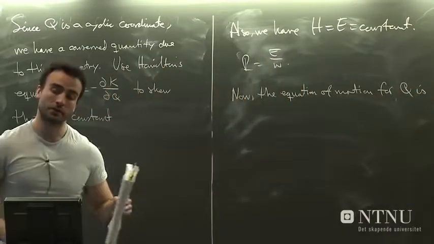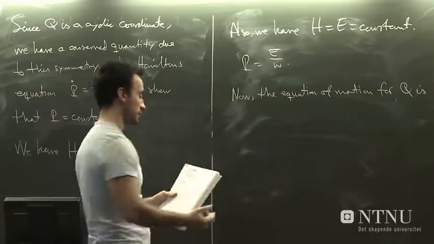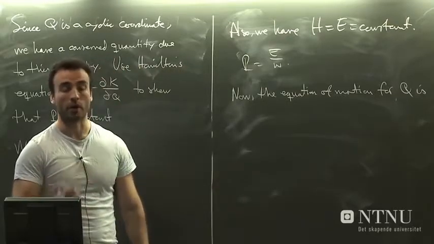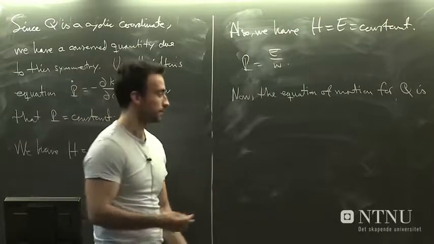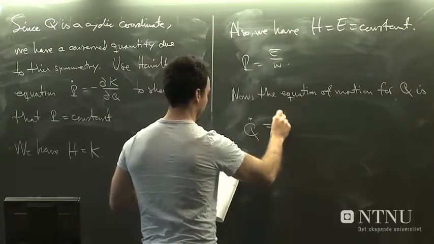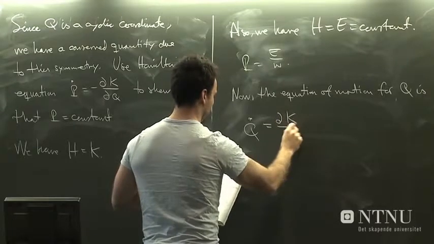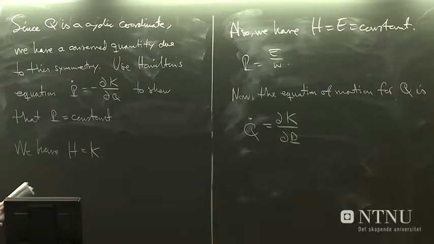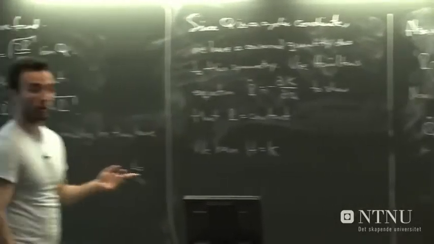And the equation of motion is Hamilton's equation, just like the equations of motion are Lagrange's equations if we use the Lagrangian. So we have this. And by inspection, this takes the simple form omega.